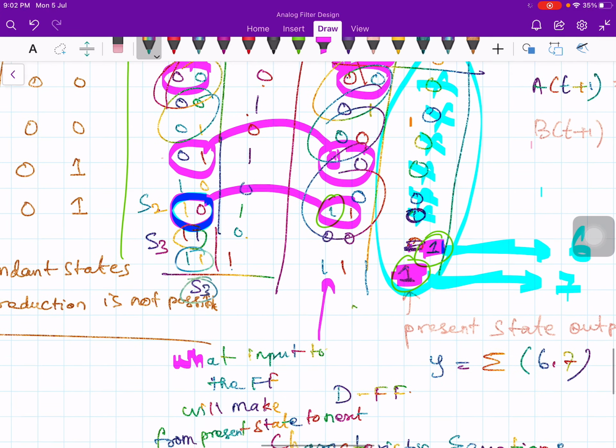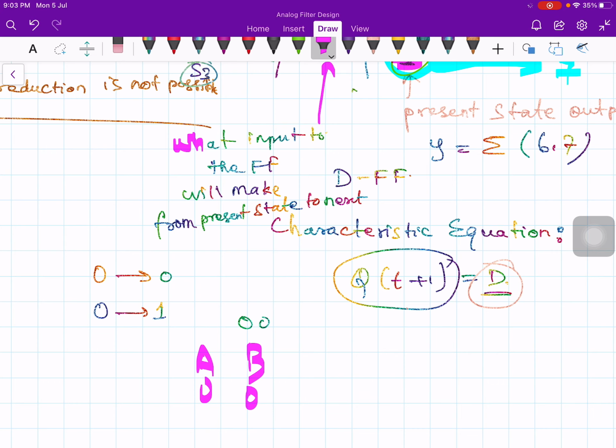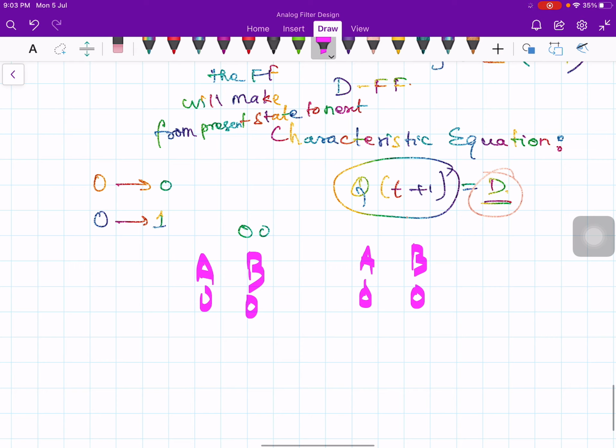What input should I give? If you look at the first row, A is 0, B is 0, and the next state A is 0 and B is 0. So what input should I give to move from 0 to 0?